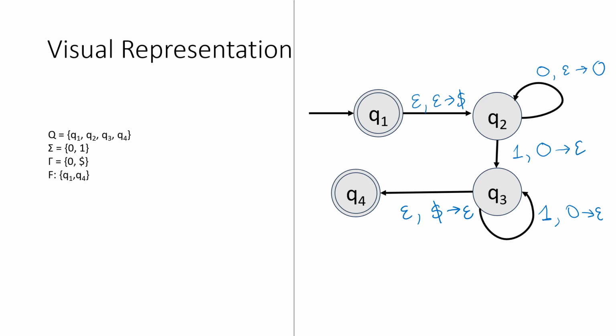So remember that this structure that we have here is the input symbol, comma, the thing that we pop off the stack, to the thing that we push onto the stack. In other words, what we replace.